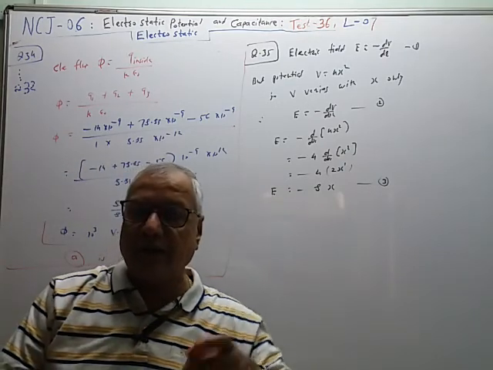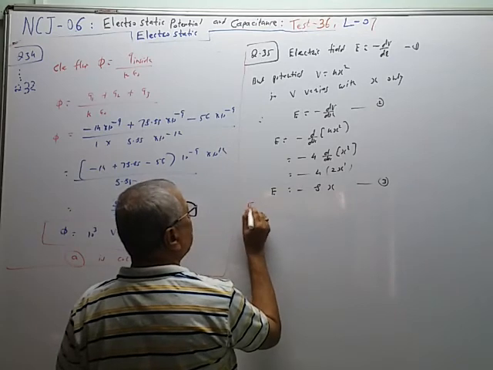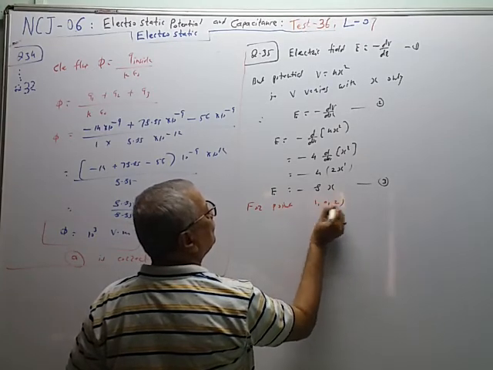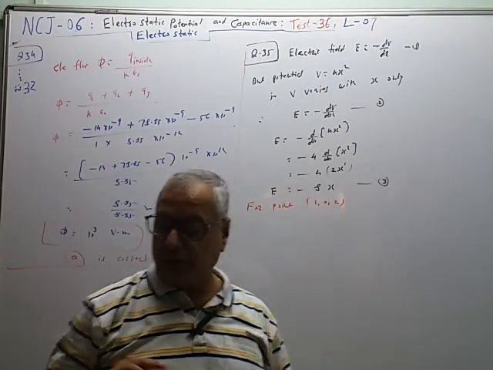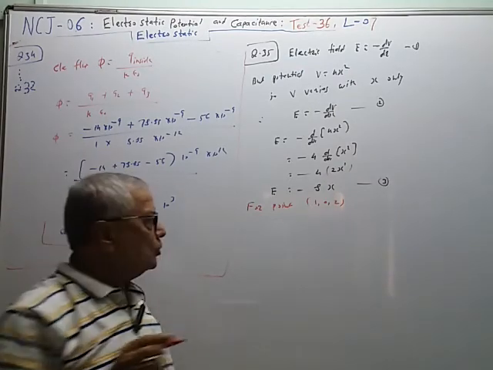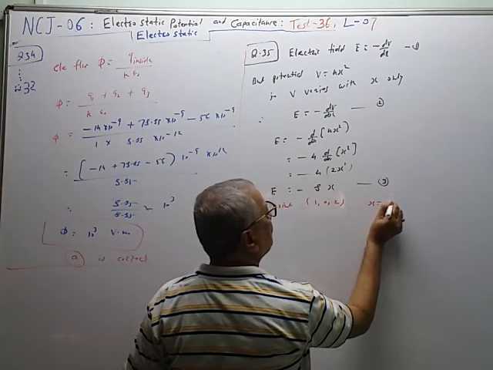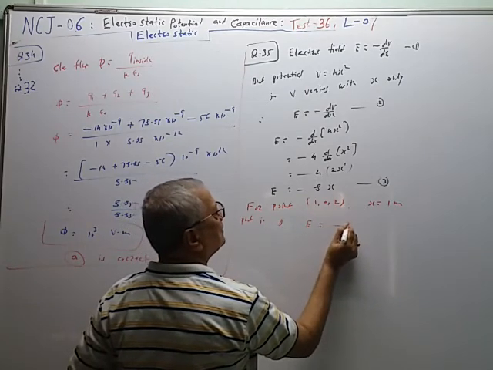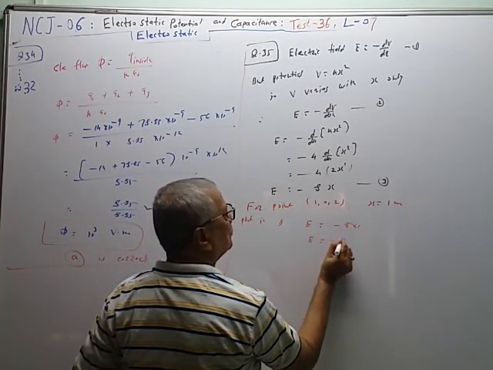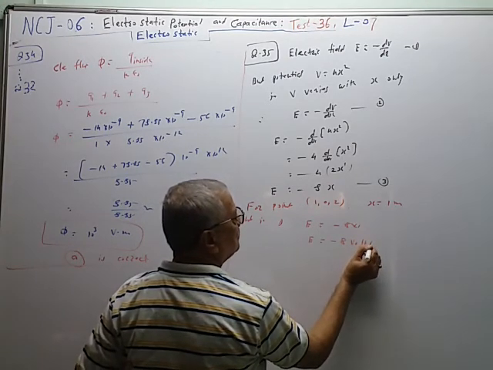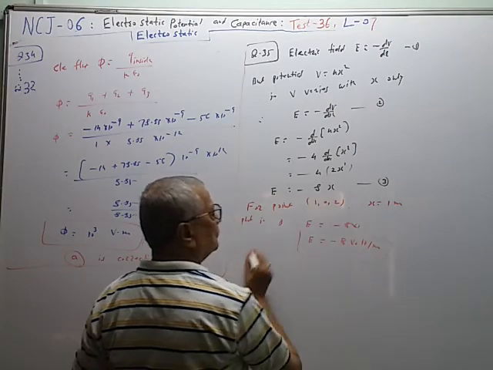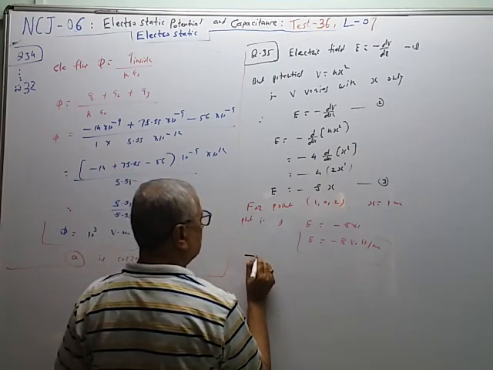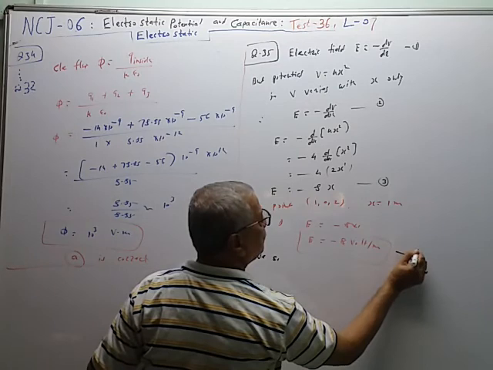Now we want to find the electric field at the point 1, 0, 2: x coordinate, y coordinate, z coordinate. x is equal to 1 meter, so E is equal to minus 8 multiplied by 1, so E is equal to minus 8 volt per meter. This is the magnitude, equation 4.